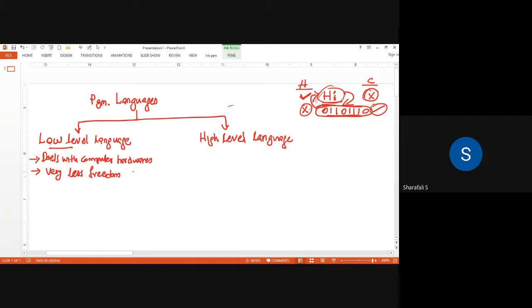The instructor cannot have much freedom if you are using this kind of language, because it is highly dependent on computer hardware.